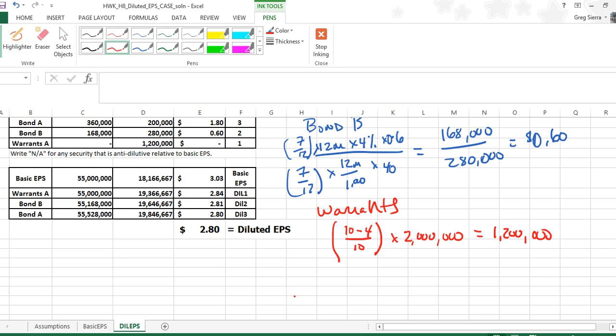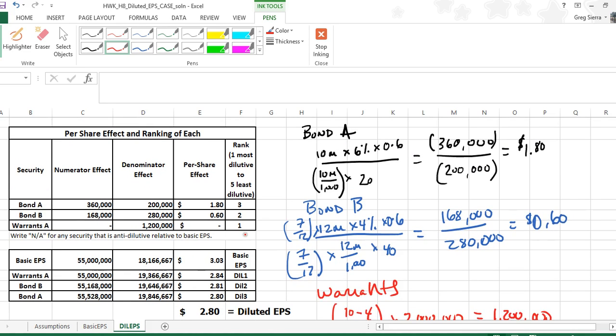Now that we have them ranked, here's what we do. And this is in the Anti-Dilution Revisited. We did one of these problems. You ranked from lowest per share effect to highest per share effect. And you start with basic EPS. And you add the warrant first, but the numerator is 0. But you had 1.2 million, and now your denominator is 19,366,667.